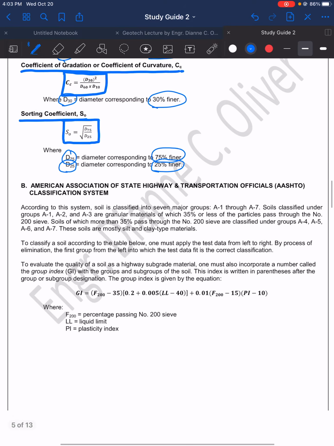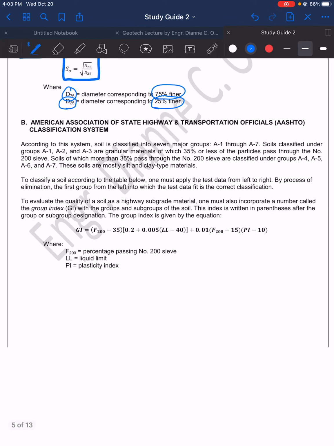Let's go to the second classification under the classification based on engineering behavior of soil. We have the AASHTO, or the American Association of State Highway and Transportation Officials. According to the system, soil is classified into 7 major groups, A-1 through A-7.